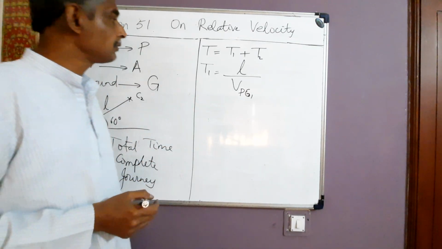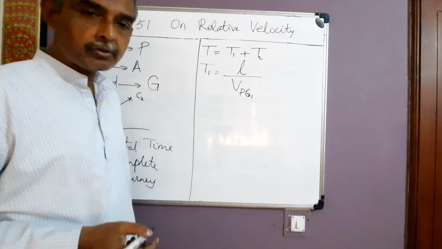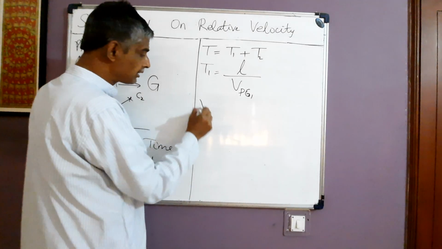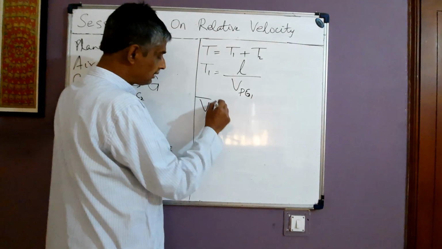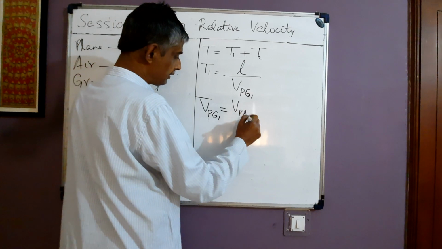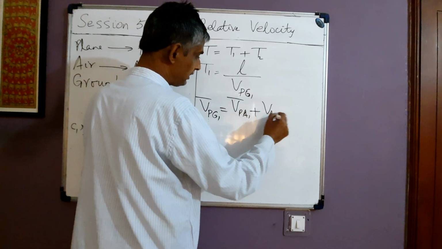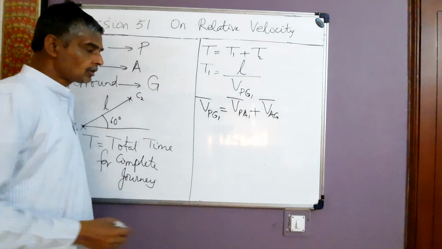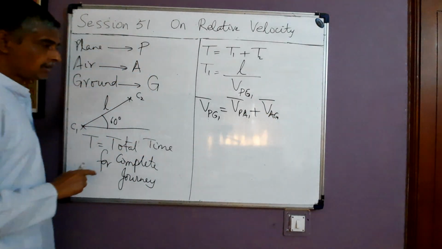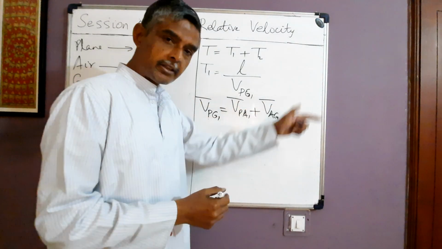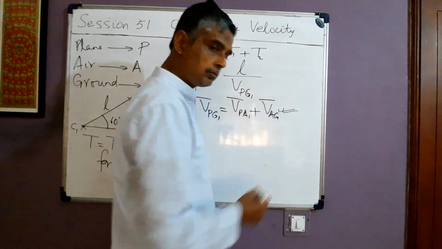To determine Vpg1, we write down the formula for translating frame velocity relation. Instead of Vpf, we write Vpg1 equals Vpa1 plus Vag. Now for Vag, we have complete information: u along eastward direction, so magnitude and direction both are known.